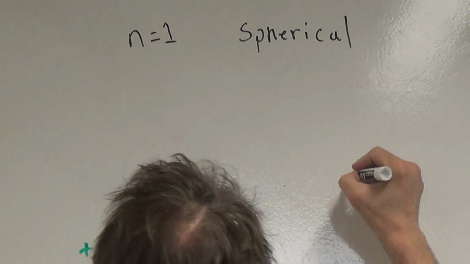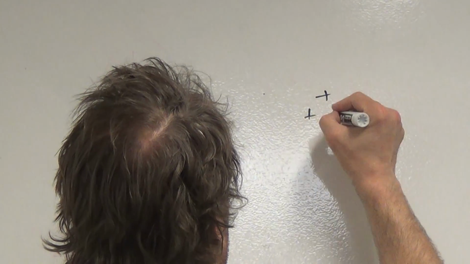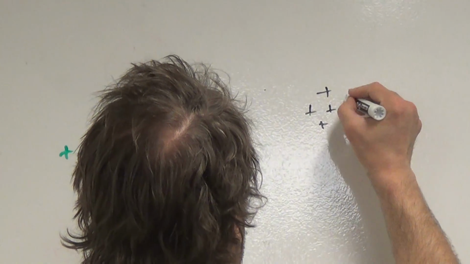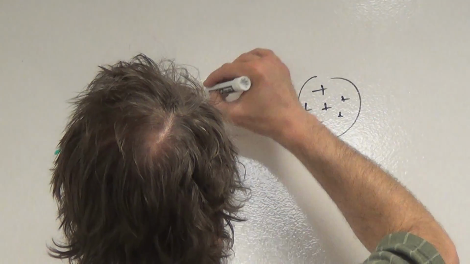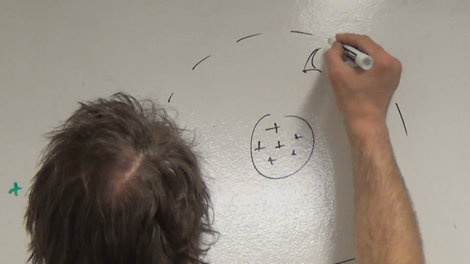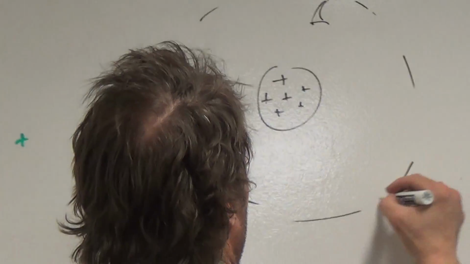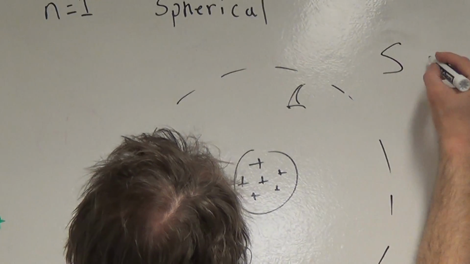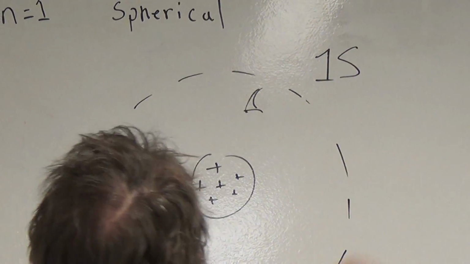It just kind of houses electrons in that spherical distribution around the nucleus. It's called an s orbital. It's called the 1s orbital.